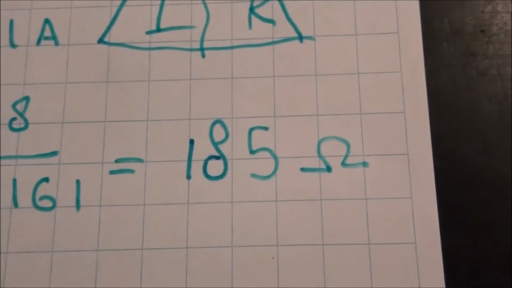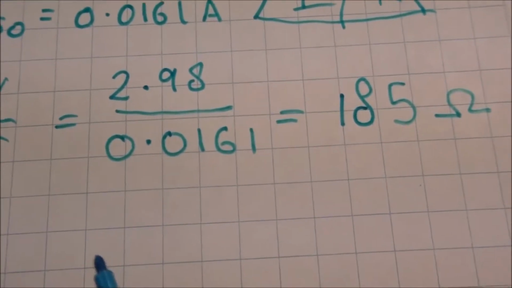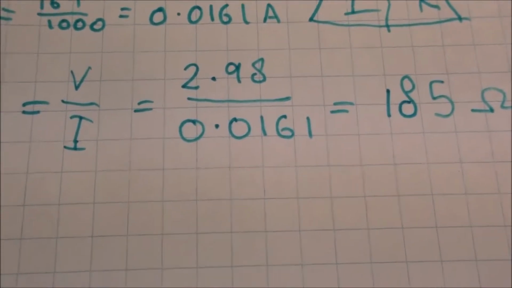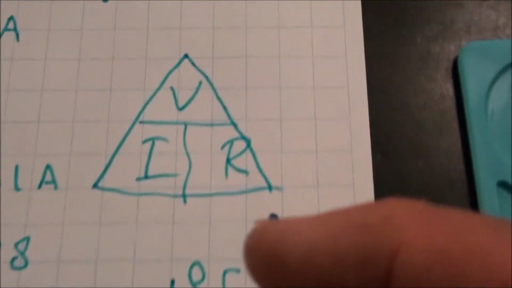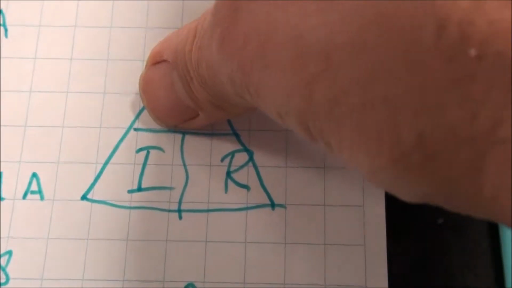Okay, next step is to use that resistance and the ideal current of 20 milliamps instead of this one here to work out the ideal voltage at 20 milliamps. Alright, so therefore to work out the voltage, I put my finger over V for voltage.